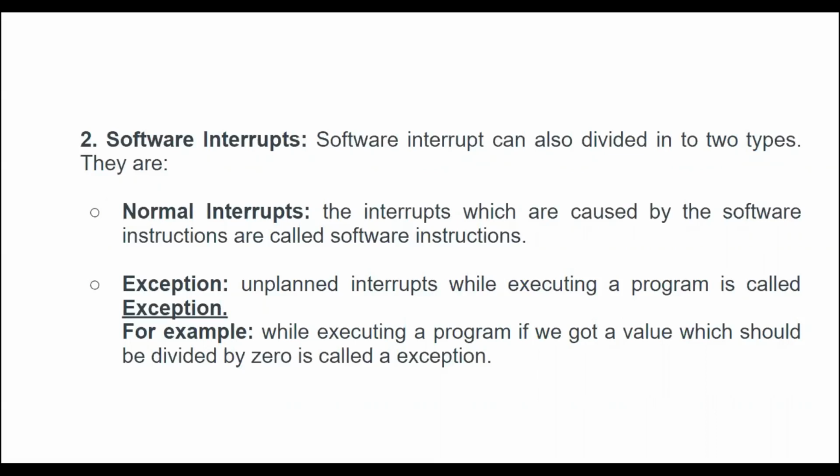For example, while executing a program, we got a value which should be divided by 0, that is called an exception. So an exception is an unplanned interrupt while executing a program.